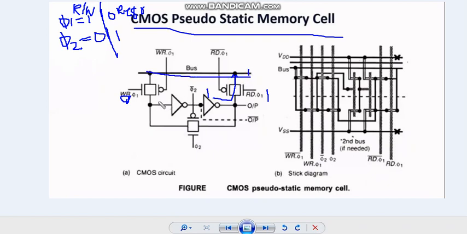For a read operation this will be 0, so it turns off, and this is also turned off. Only this is on for the read operation, hence the current will flow. Whatever the data across this point, current will start flowing, meaning we are reading the voltage across this point. Accordingly, if it is greater than some threshold voltage, we will consider it as a 1, else we will consider it as a 0 bit. That is about the read operation.